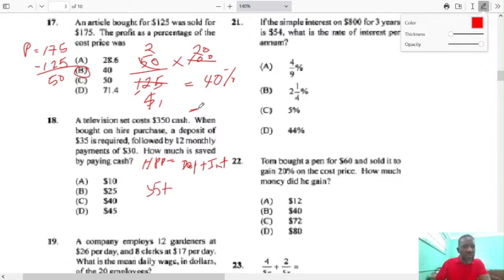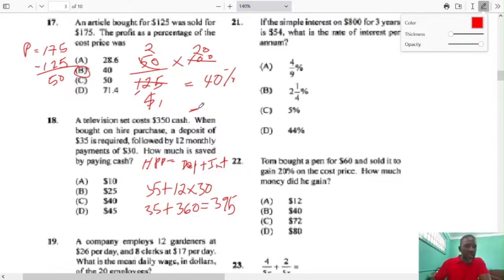So therefore our deposit is $35 plus 12 monthly installments, so it's 12 times 30, that will give us 360, right? So if we add 35 plus 360, that will give us 395. So what this is saying is that if we bought this on hire purchase, it would have been 395. So therefore, if we bought it for cash, it would be 350.